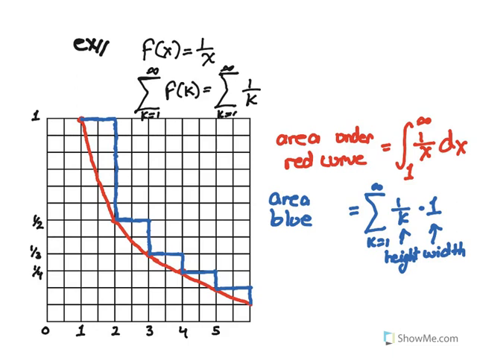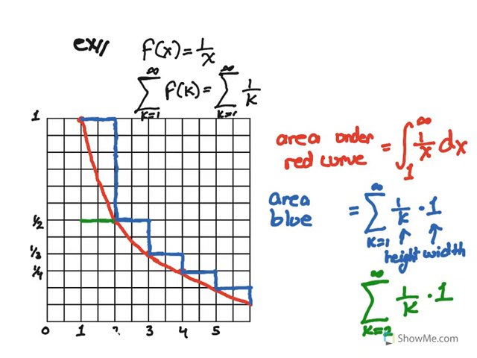But note that if instead we start the series at k equals 2, so I have the same series of 1 over k, again times 1 just for the sake of example, starting at k equals 2, the first rectangle will now have a height of 1/2. So if I plot this out, it'll start here.